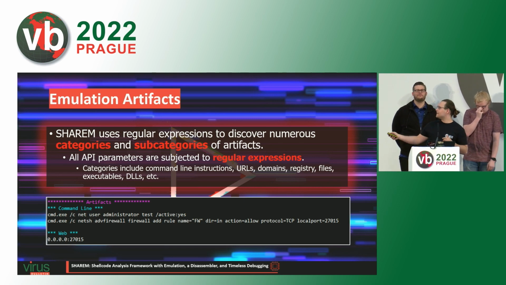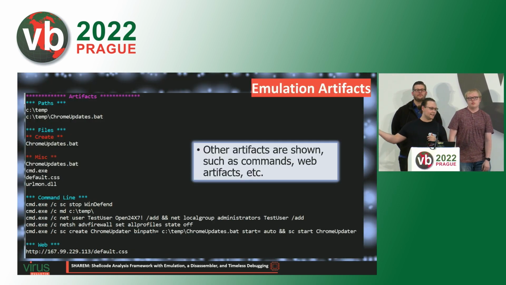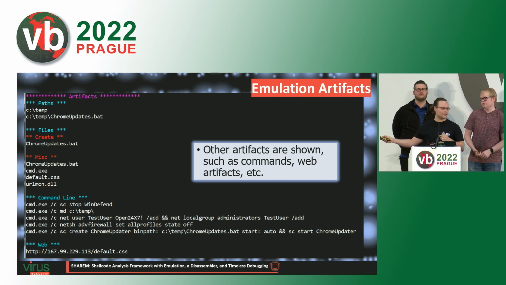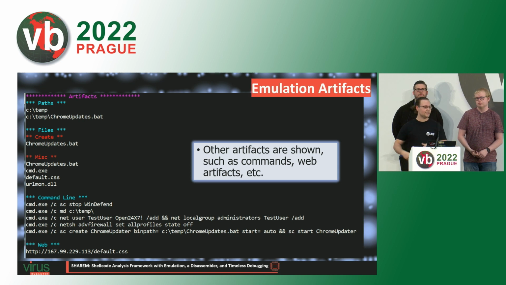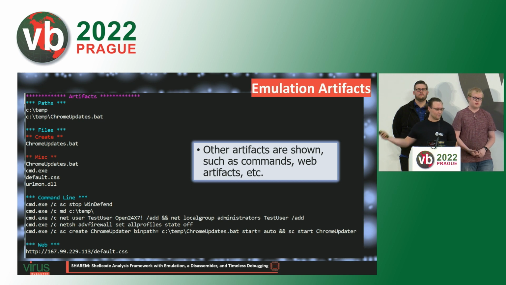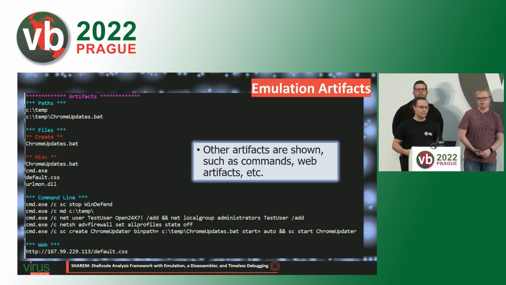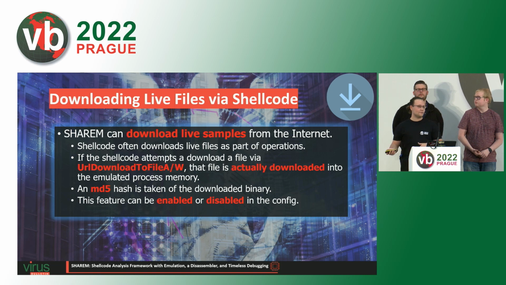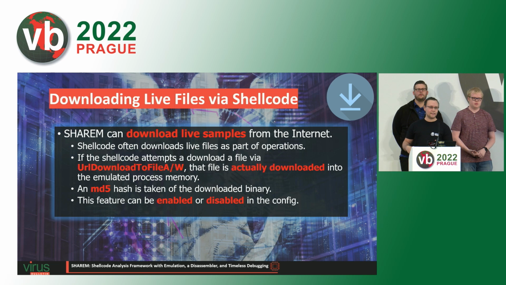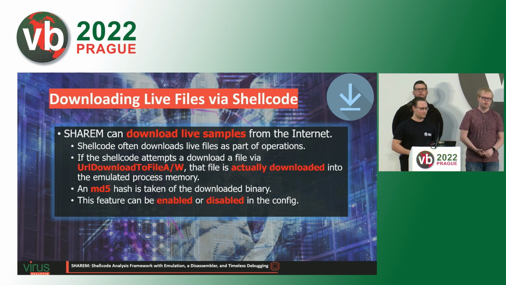And then in this next example, we can see we extract all the paths and files, for which we maintain a pseudo file system to keep track of any modifications, renaming, deletion, and so on. And then we also keep track of any web artifacts that do pop up. With web artifacts, we can actually download live files if the resource is still active and has not been terminated.